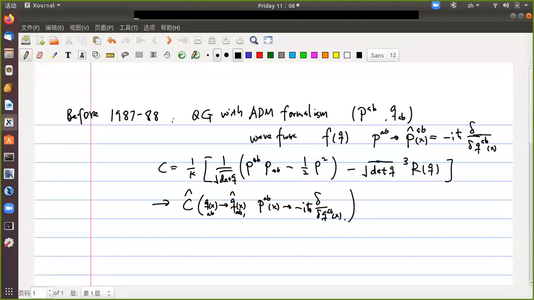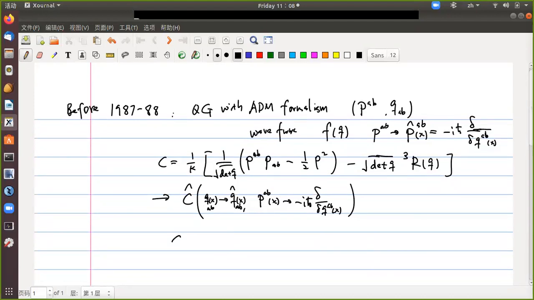So this is your quantum Hamiltonian constraint in ADM form in the old quantum gravity formulation.